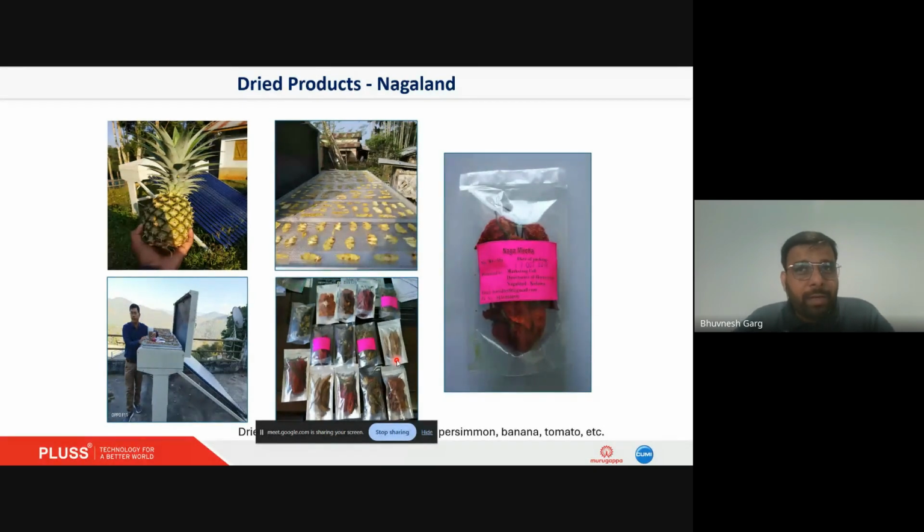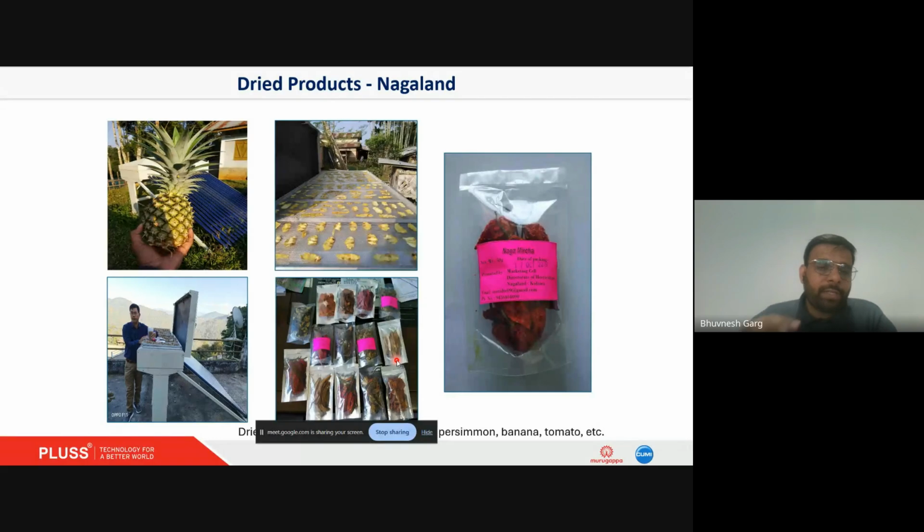Another benefit of having this closed chamber is that you don't have any dust, which is there when you are drying your food product in open sun. Normally, you have flies or dust or a lot of other things which are spoiling your food product, right?